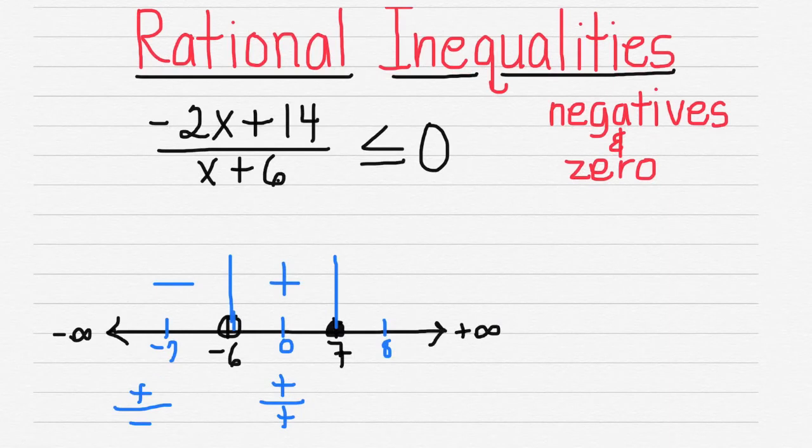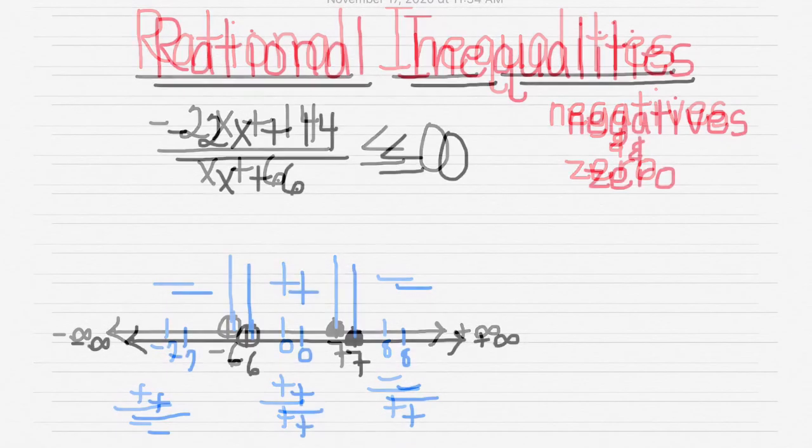For the last section, I chose 8. If I multiply negative 2 times 8, I get negative 16, plus 14 will give me a negative numerator. And 8 plus 6 in the denominator would give me a positive. A negative divided by a positive will give me a negative number.